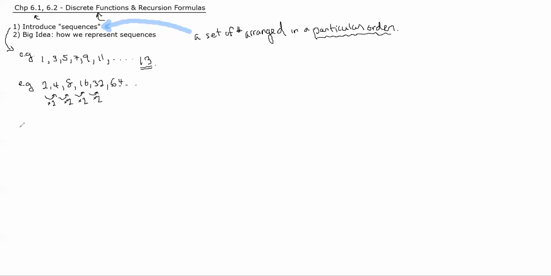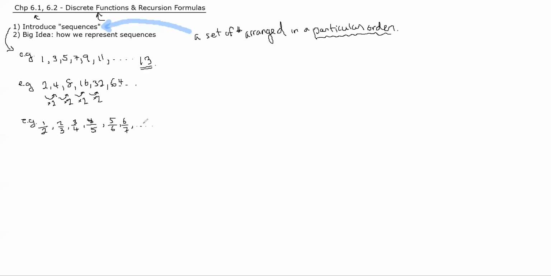Sound like fun? Well, how about I throw this one at you? Here's another sequence. Can you guess what the pattern is? Can you guess why these numbers are written in this particular order? What's the next number?